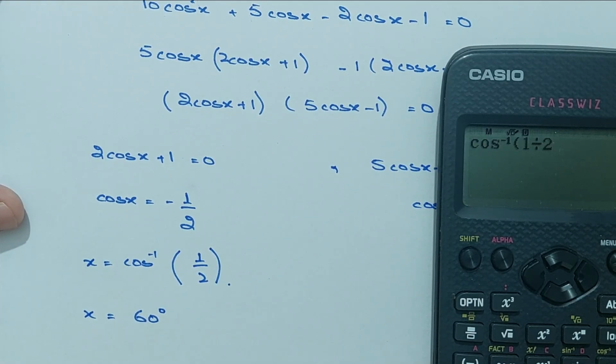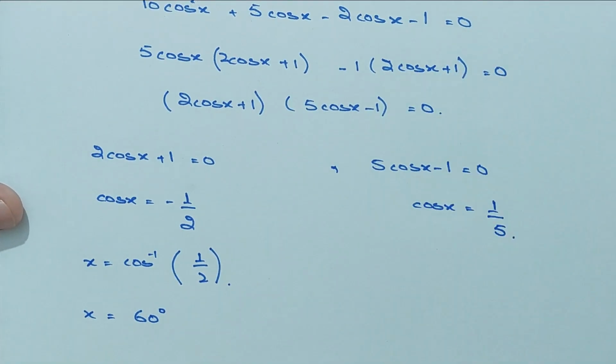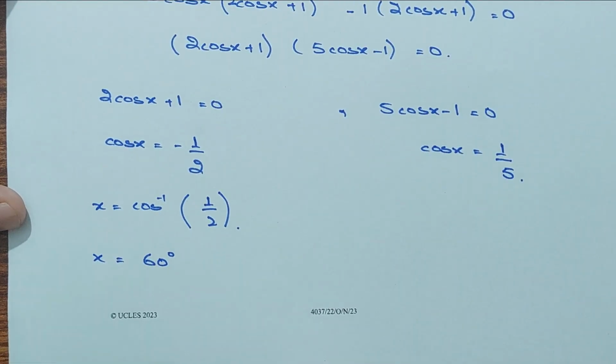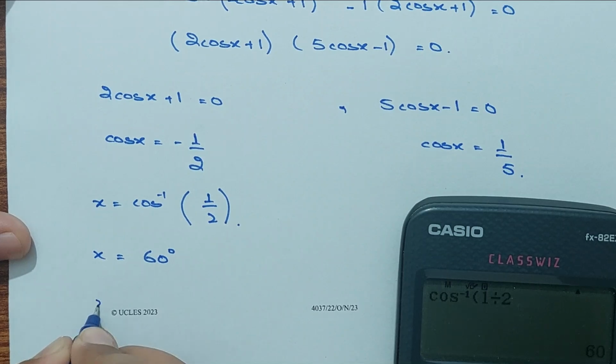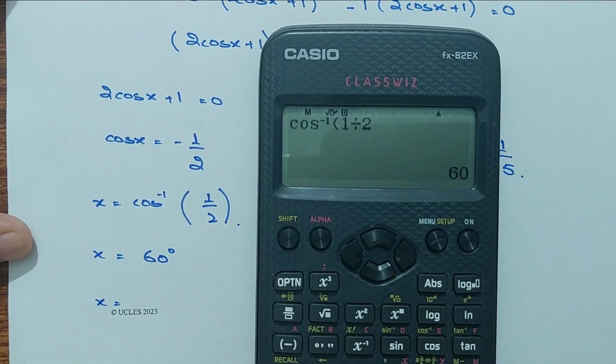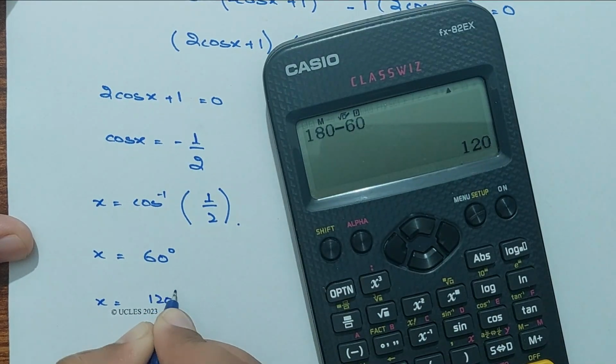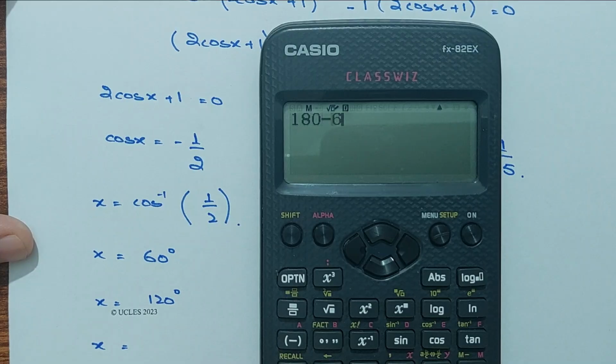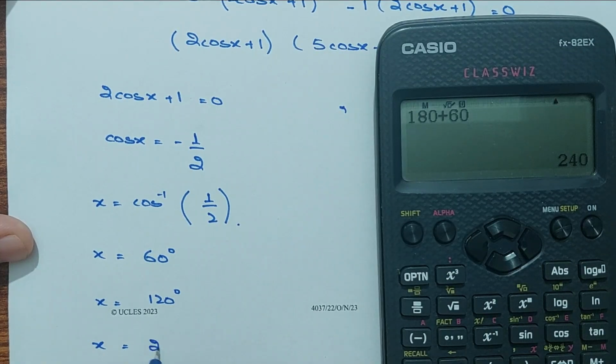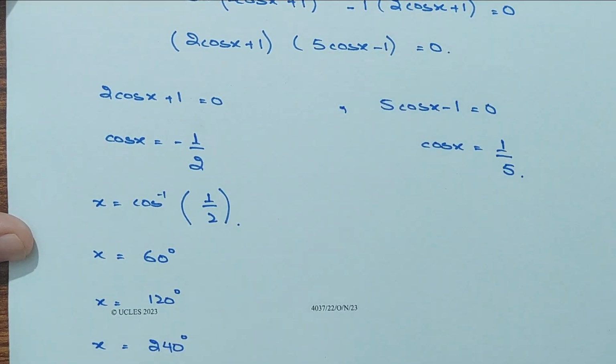Cos is positive in first and fourth, and it's negative in second and third quadrant. Okay, so for second quadrant, we can say x is equals to 180 minus 60, which is 120 degrees, and x is equals to 180 plus 60. This is 240 degrees. Both belong to the range between 0 to 360 degrees, right?